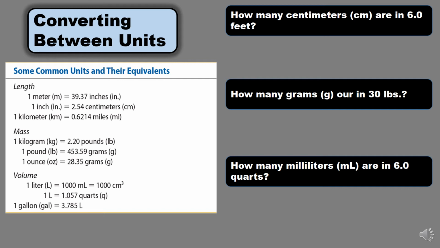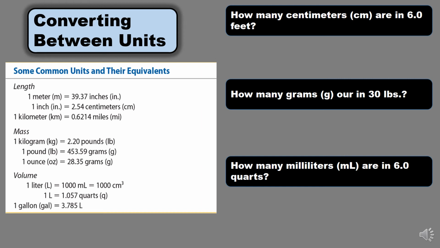In my next video after this, I'm actually going to be doing these problems with you, but for right now, I just want you to see if you can do these three problems. How many centimeters are in 6 feet is the first one. You're going to use the information to the left to do that math, where you convert from 6 feet to centimeters.